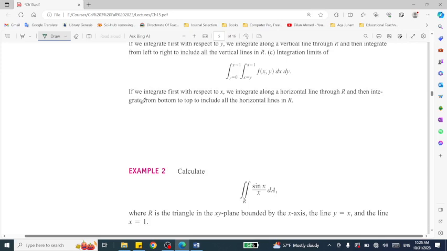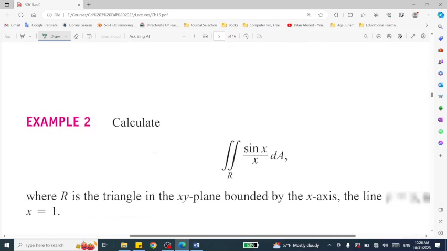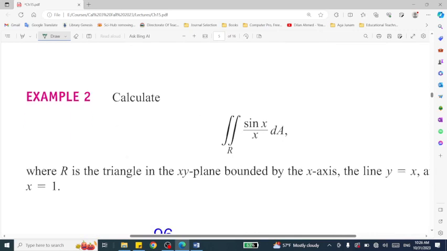Second example. Tell me how we solve that one. Look here, read the question please. The boundary application together.